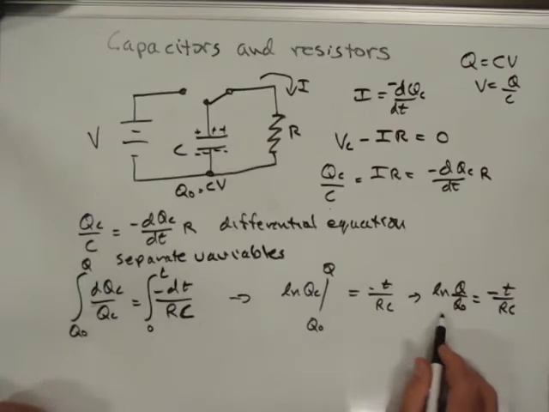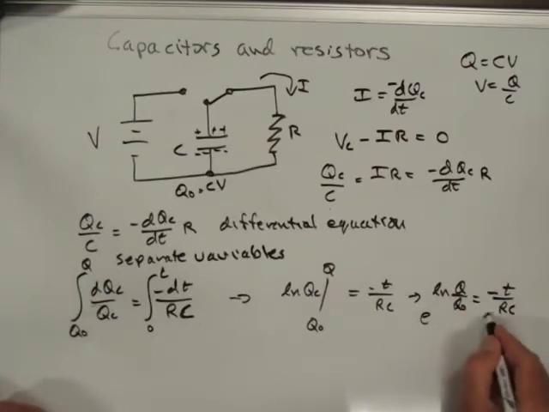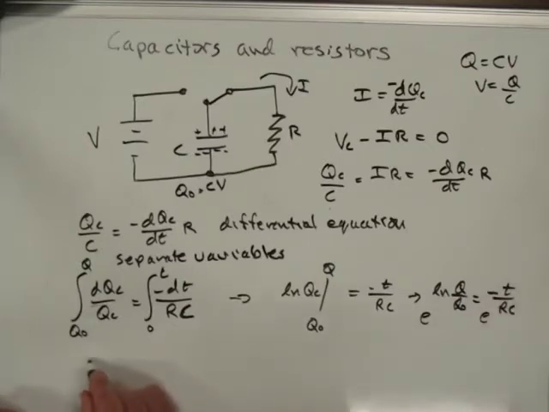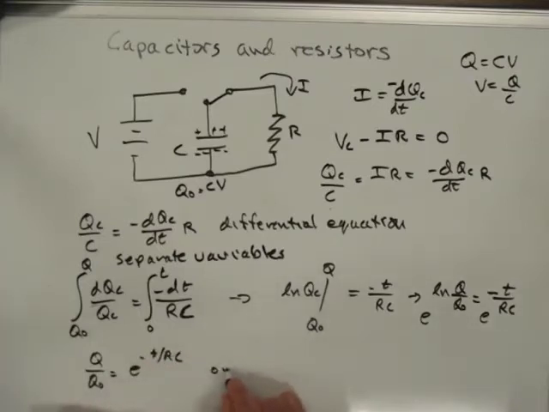Well, I can raise e to both sides, right? I can put e to this side equals e to that side, and that gives me Q over Q naught is equal to e to the minus t over RC, or Q is equal to Q naught e to the minus t over RC.